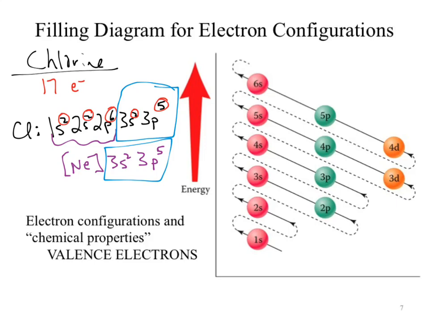The issue with using neon is that we would then have a complete full set of electrons getting us to argon that aren't part of the valence shell. So it's not that it's wrong, it's that you did a whole lot more work than you had to do. The idea is to minimize the work while still retaining the information. We're not going to do another one yet because we will see it again.